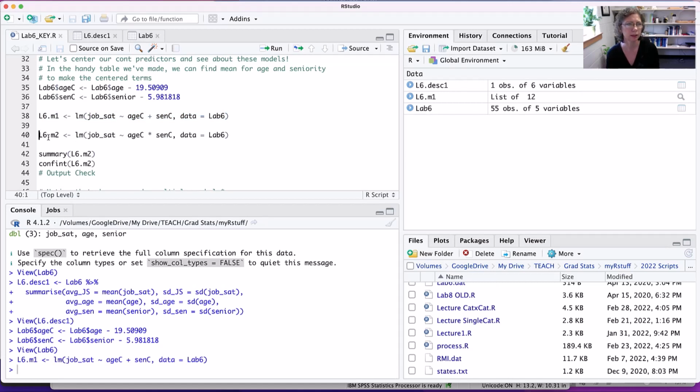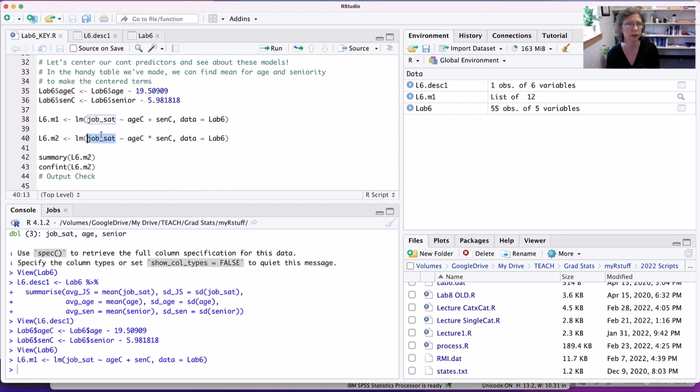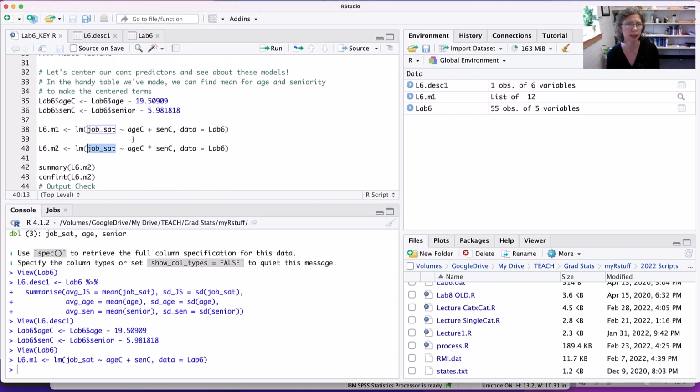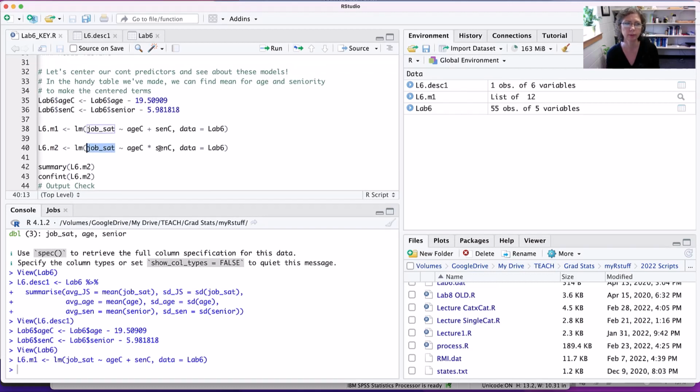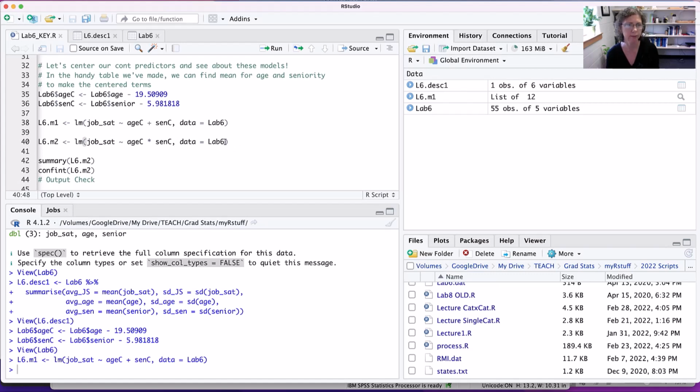Then this one's going to be lab 6 M2, assigned by the linear model of job sat predicted by HC times senC. And remember, that's how we would make an interaction term, is to multiply them. But here I'm just putting the multiply right there in the equation and running from there.